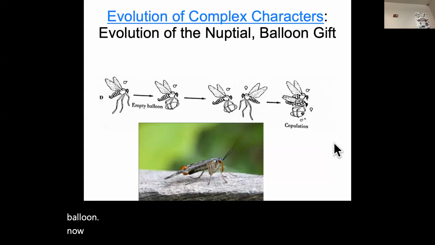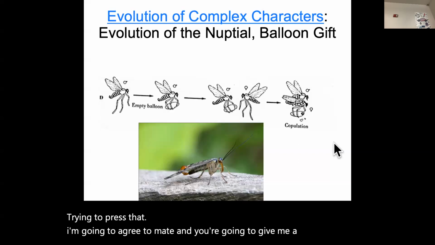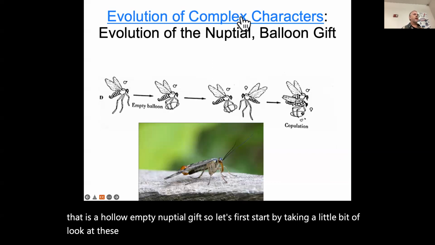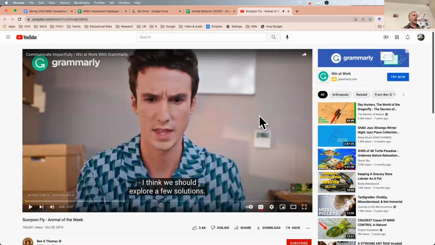Now try to process that. I'm going to agree to mate, and you're going to give me a green balloon. That is a hollow, empty nuptial gift. So let's first start by taking a little bit of a look at these guys, because they really are cool. And a lot of them also have nice things.